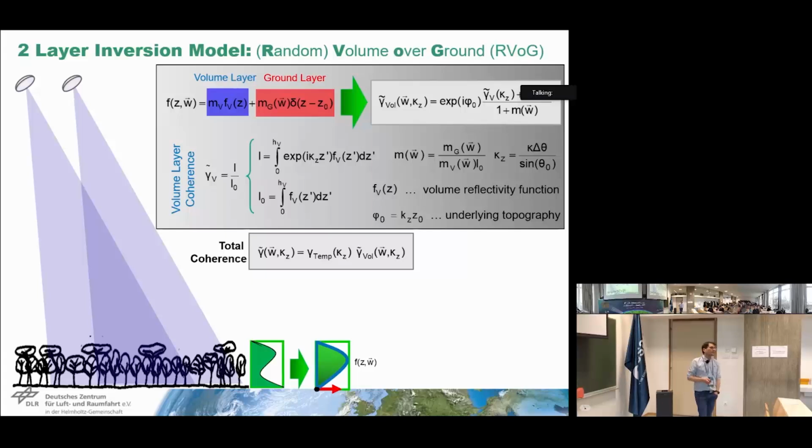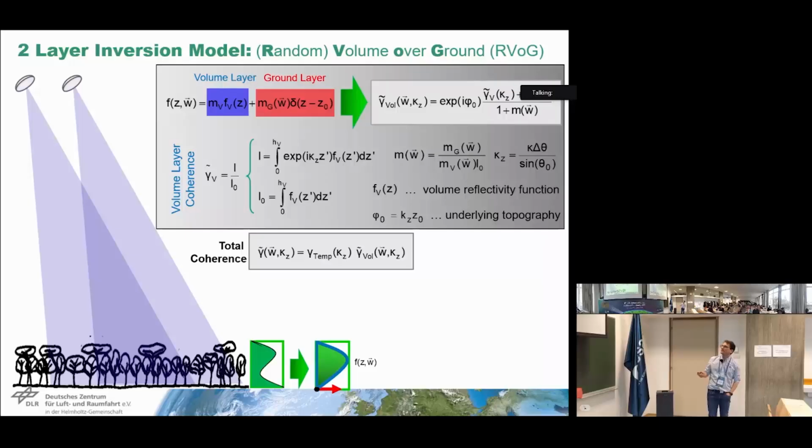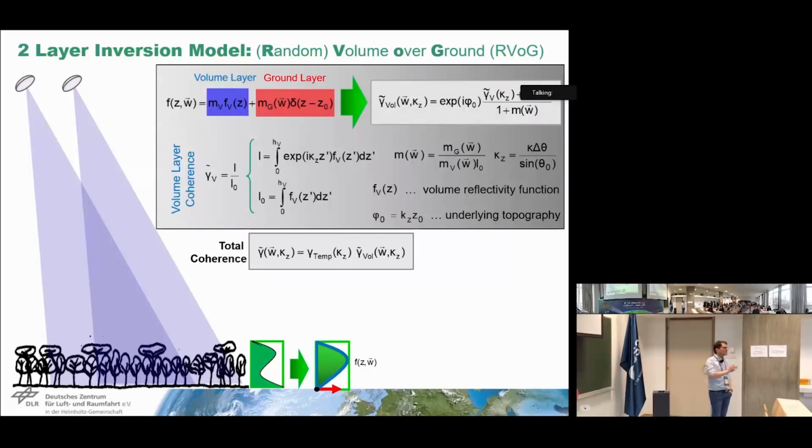So, about modeling, how do we model this vertical reflectivity function? We start from a simple consideration. You penetrate until the ground, in the best case, so you have two layers. One is the ground, and the other one is the volume on top of it. Now, you assume further that ground and volume, in terms of scattering, are independent.